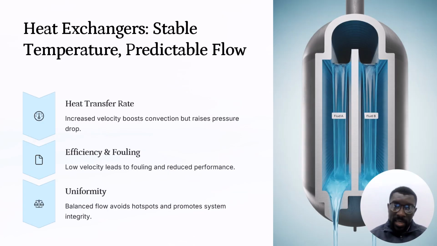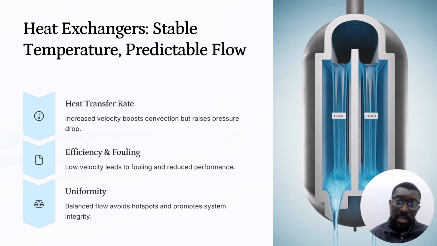On the heat exchangers, how stable the temperature is and how predictable the flow is. On the heat exchanger, we observed that increased velocity boosts convection, but comes with a rise in pressure drop.